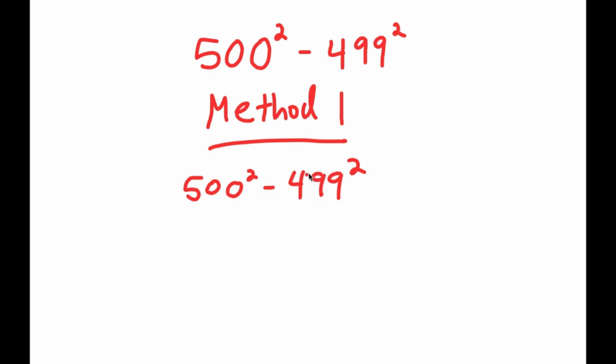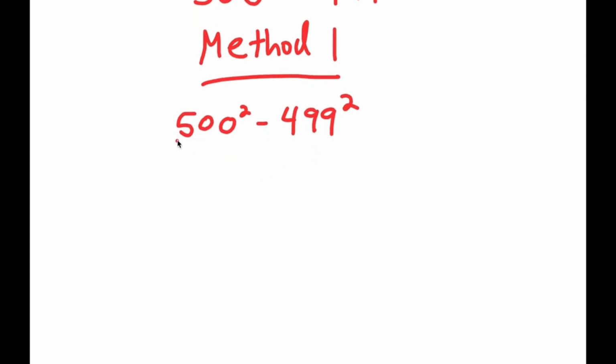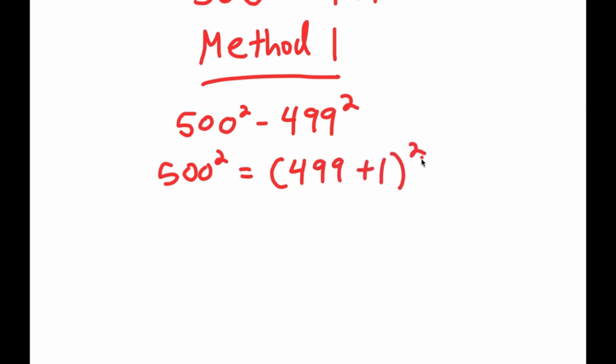Well, first off, I'm going to rewrite 500 squared. So 500 squared is the same thing as 499 plus 1 squared.